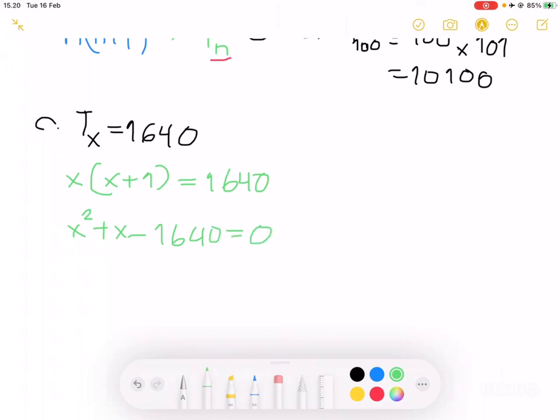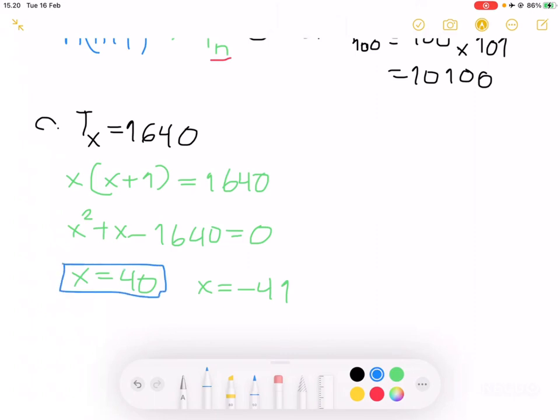And you may do this in various ways. You can try to factor this quadratic expression, or probably completing the square, or using the quadratic formula. However, what you ended up getting is two values. So the first one is x equals 40. That's the first one. And then next is x equals negative 41. So there are two possible values. However, we need to only take x equals 40 right here.